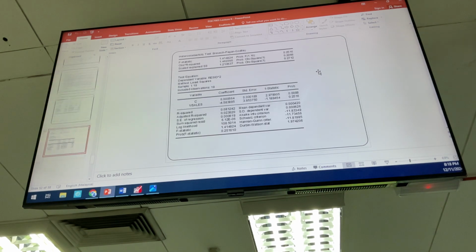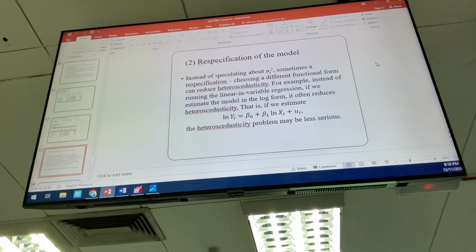So there are two possible ways to alleviate the problem. The next possible approach is to re-specify the model. Instead of speculating about the value of the error variance sigma i squared, sometimes a re-specification, choosing a different functional form, can reduce heteroscedasticity.